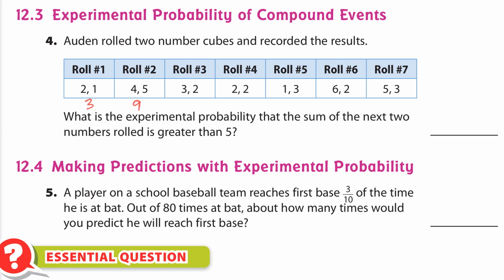This is 9, 5, 4, 4, 8, 8. How many of these have a sum that's greater than 5? Well, this one's greater than 5. This one's greater than 5, and that's greater than 5. So 3 out of the 7. And that's our answer, 3 out of the 7.